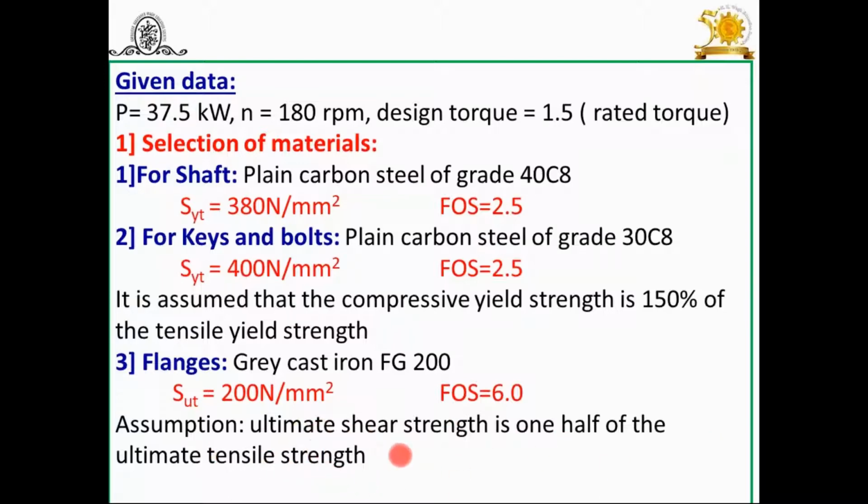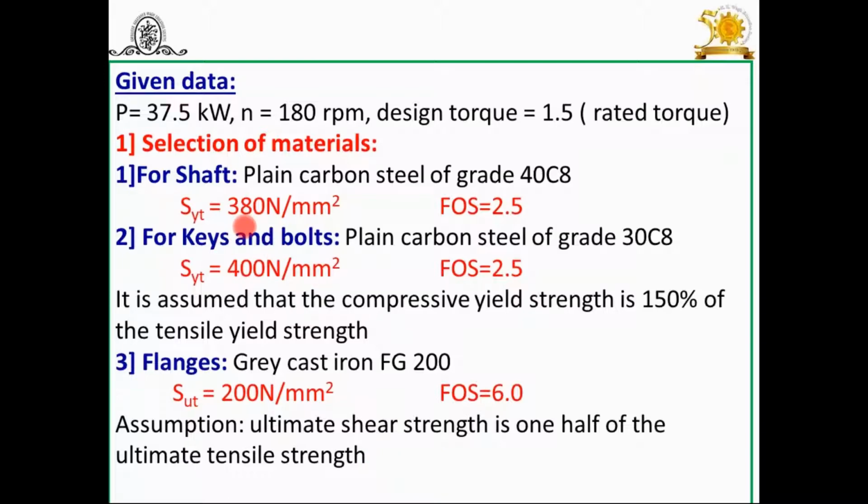Try to understand, ultimate shear strength is 1/2 of the ultimate tensile strength. And here compressive strength is generally 2 times, or 200%, of the tensile strength. This is about the material selection, their properties, and the FOS.